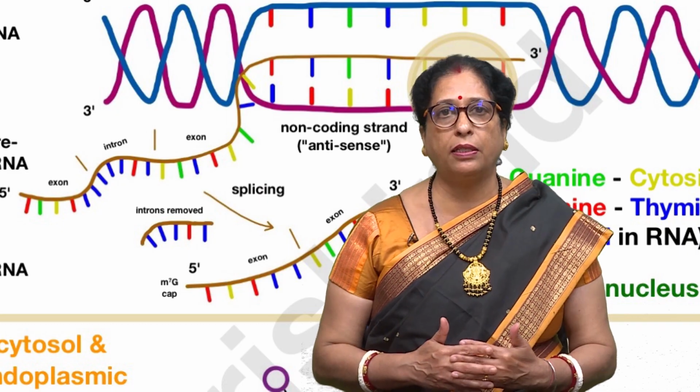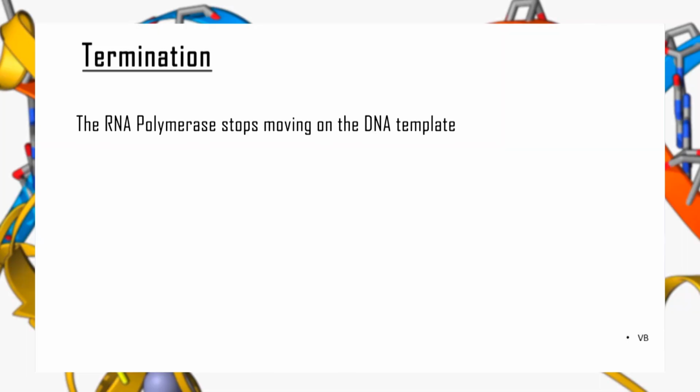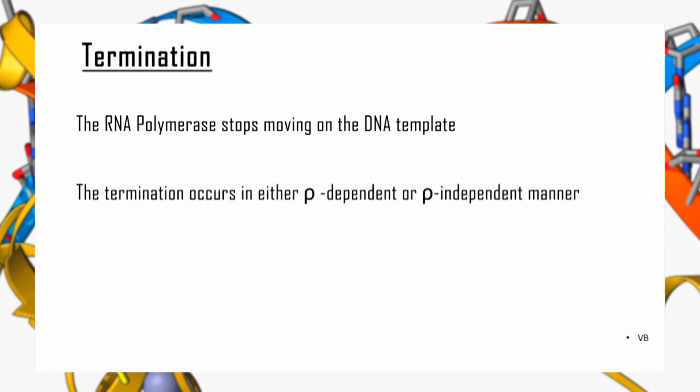In termination, the RNA polymerase stops moving on the DNA template. The RNA transcript falls off from the transcription complex. The termination occurs in either a rho dependent or rho independent manner.